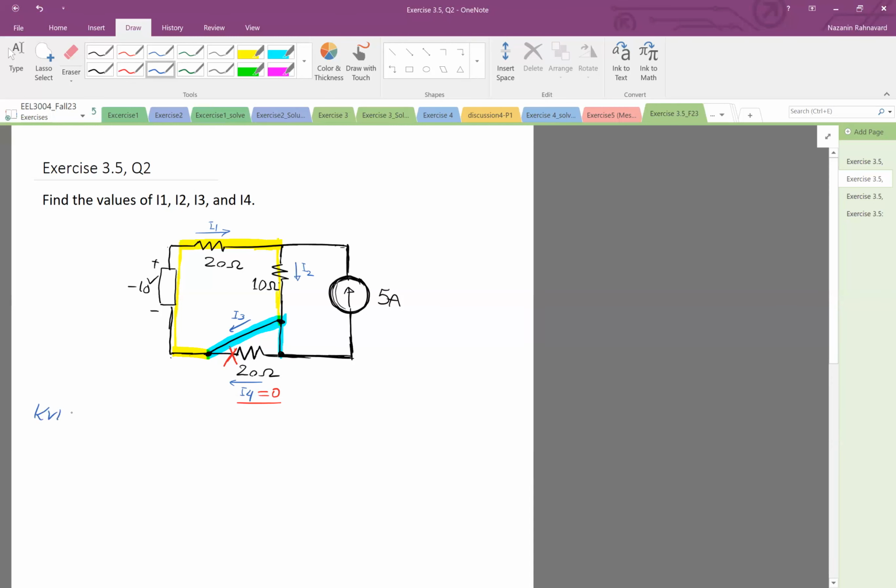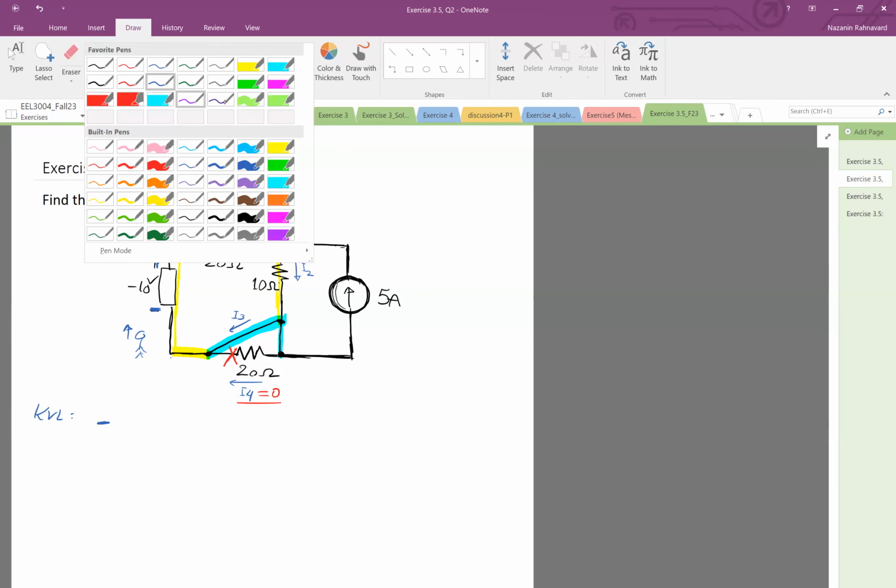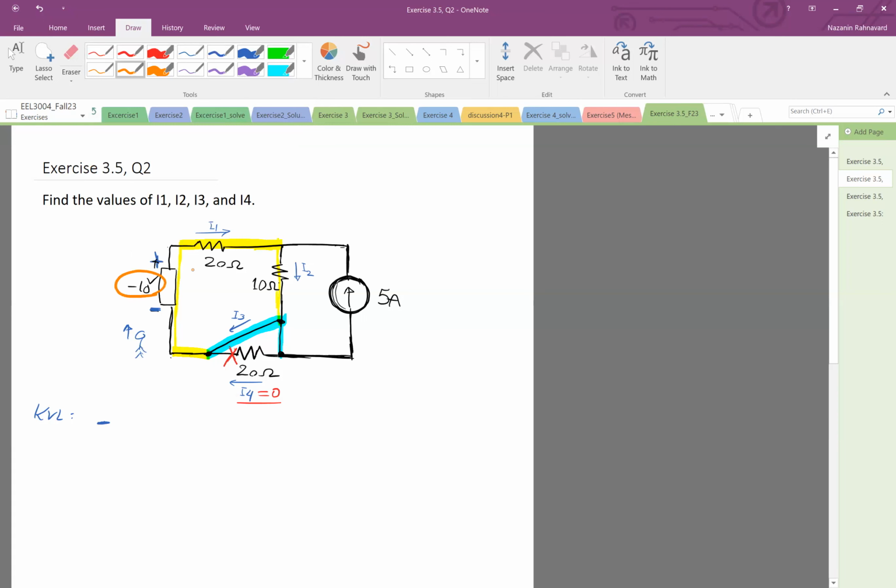Now let's write a KVL, on this loop. I start from here and I go up. Remember, I also told you in the class, first you look at the polarity of the element. So it's a minus, negative, and then whatever its value. If, for example, it was V1, we would just write negative V1.